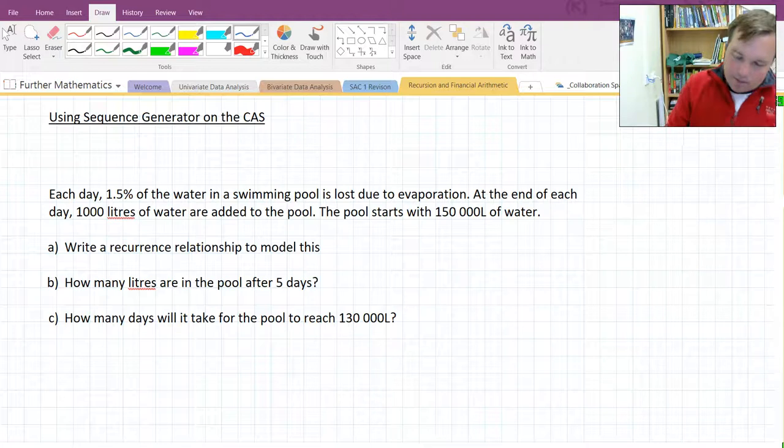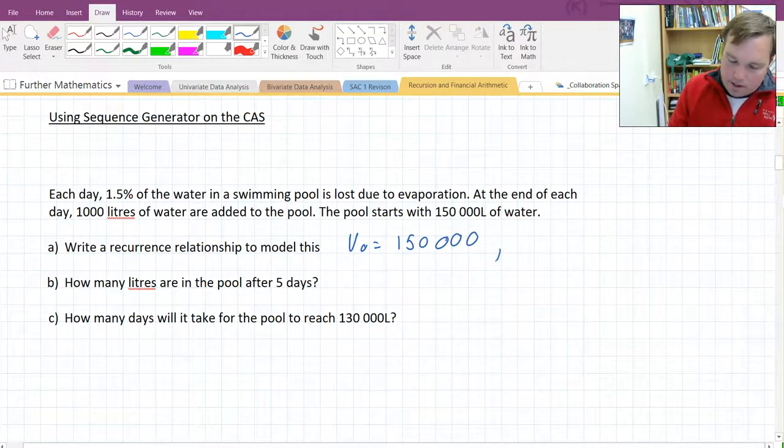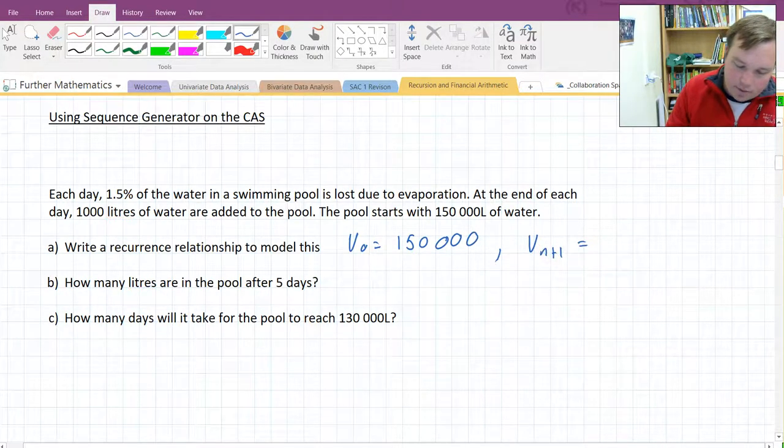Use a recurrence model to model this relation. Alright, well, clearly we're going to start off with V0, the initial volume of the pool, is 150,000, comma. To get from one to the next, because we want the next part of the recurrence relation, we're going to decrease it by 1.5%.